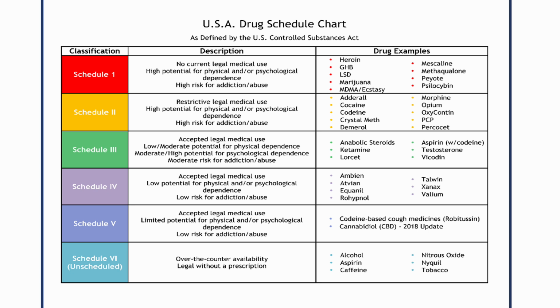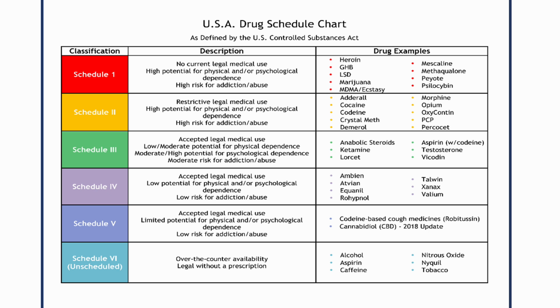Schedule 4 is going to identify medically acceptable drugs that may cause mild physical or psychological dependence. Examples here, we're talking about Ambien, Ativan, Valium, Xanax, things like that. And then a Schedule 5, which is going to identify medically acceptable drugs with limited potential to cause dependence.